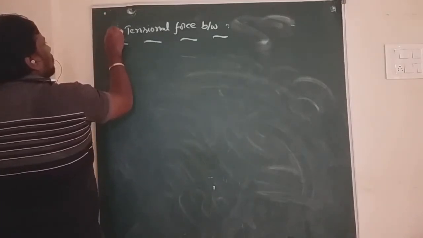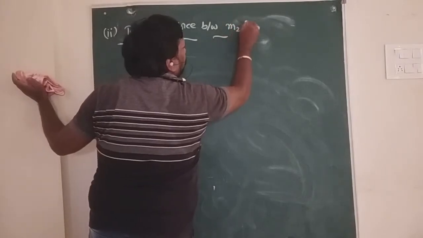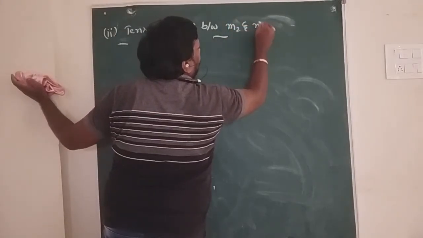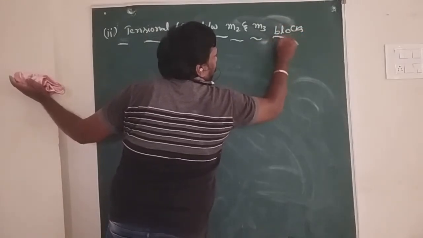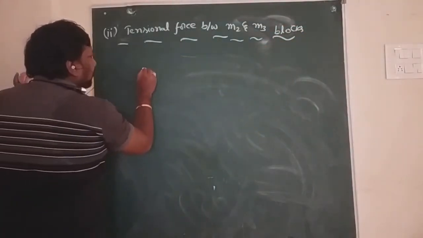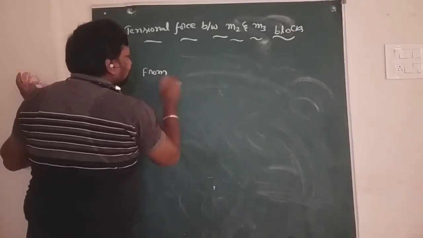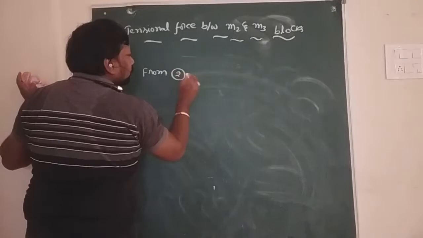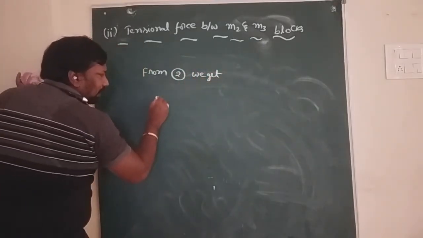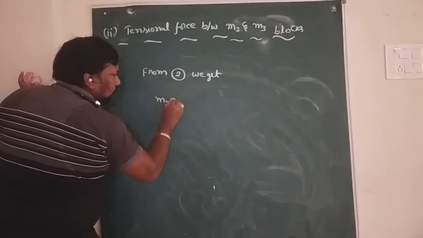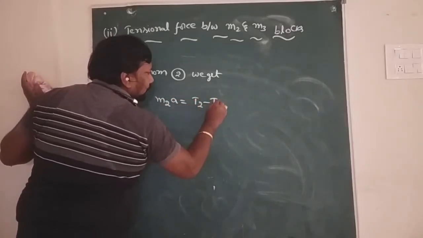Next one, tensional force between M2 and M3 block. So from equation 2 we get M2A equal to T2 minus T1.